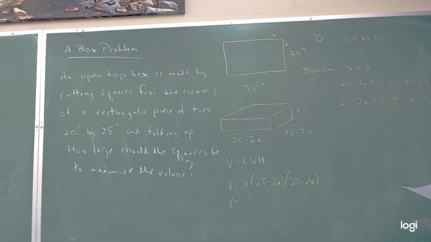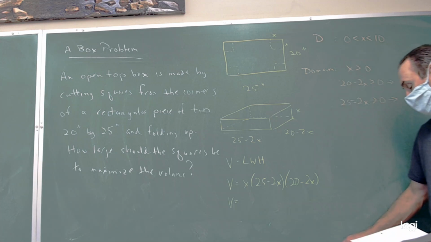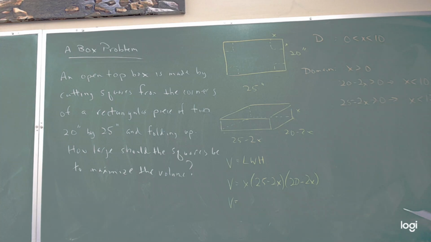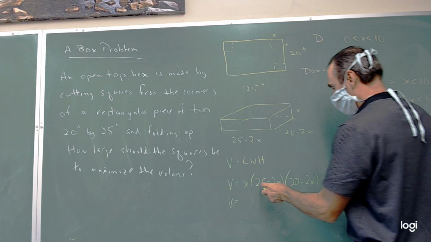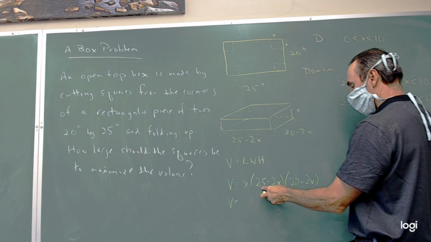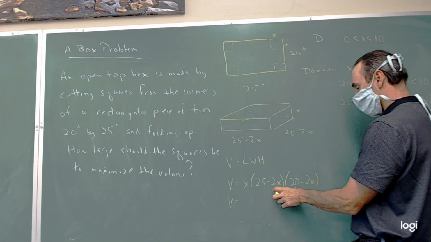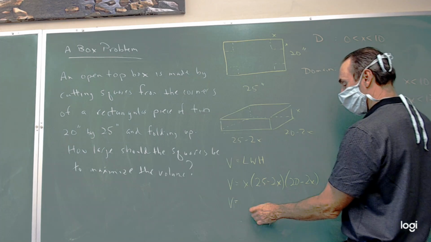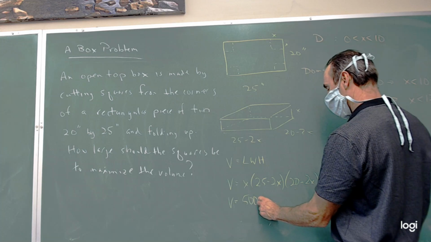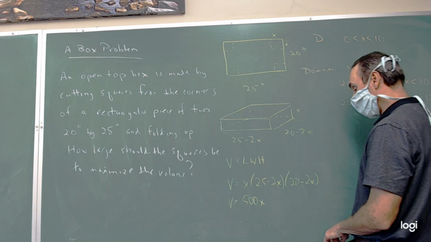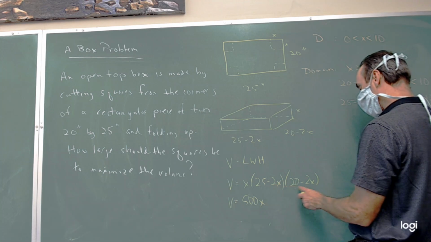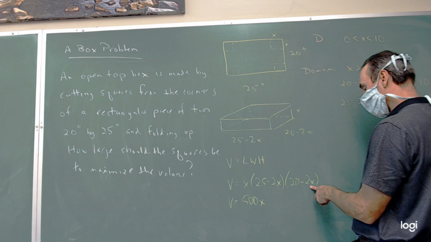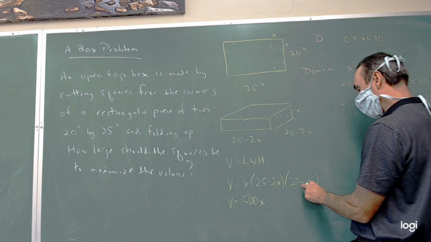Okay. Well, should we multiply this thing out? 25 times 20 is 500, times that x is going to be 500x. 25 times negative 2x is going to be negative 50x.